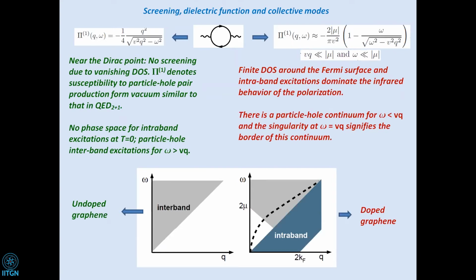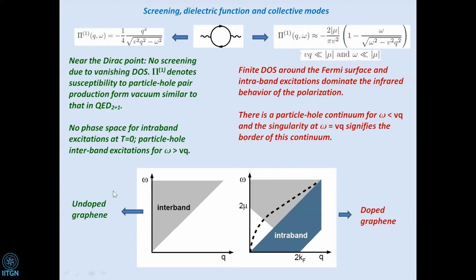So in 2D, typically these collective modes go as omega equal to some constant times root Q at low energies, but however, this constant depends on the density of states. And therefore, if you don't have any density of states, which is the case around the Fermi surface for undoped graphene, then clearly you don't have a collective mode.